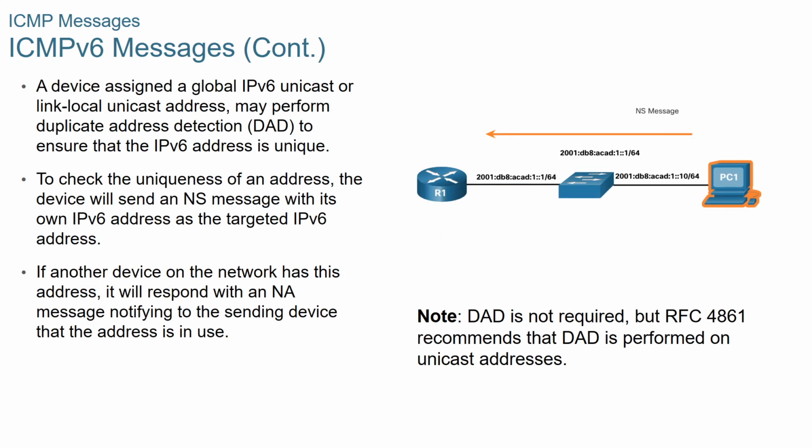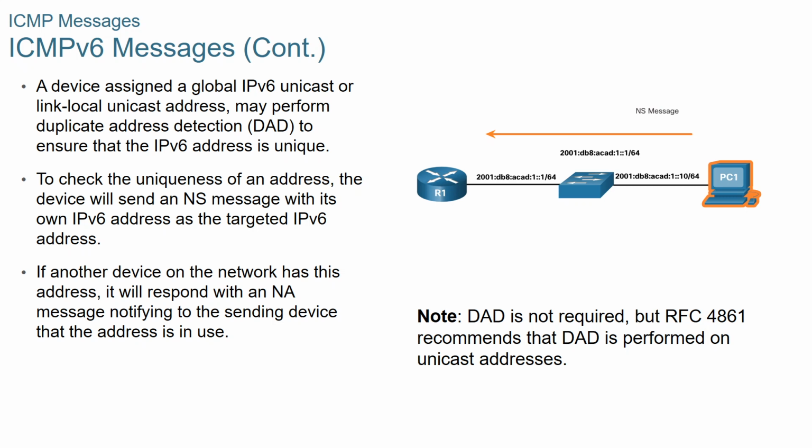A device assigned a global IPv6 unicast or link-local unicast address may perform duplicate address detection, we call this DAD, to ensure that the IPv6 address is unique. So we have to have each device having a unique address within the local area network. To check the uniqueness of the address, the device will send a neighbor solicitation message with its own IPv6 address as the targeted IPv6 address.